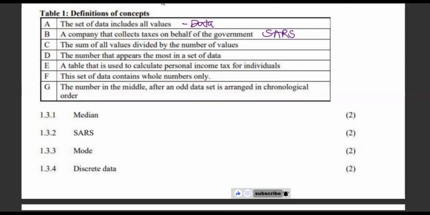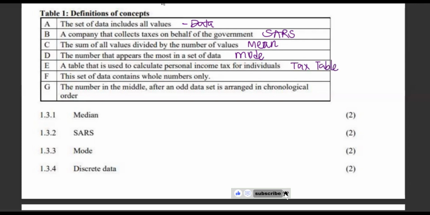The sum of all values divided by the number, this could be mean. Then the number that appears most, it's a mode. Then a table that is used to calculate personal income tax for individuals, we shall call it the tax table or the tax rate tables.